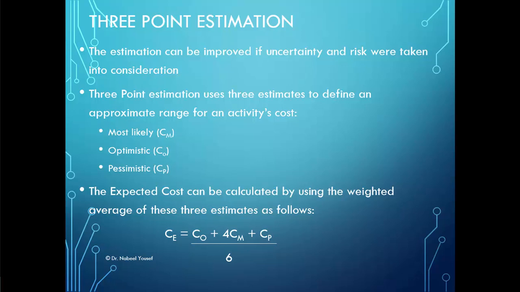As we said before, during the time duration estimation, all these follow a beta distribution, and with the beta distribution, the formula for getting the average is this formula, dividing by 6, because we are adding 4 times the most likely cost. So this is how we get the average or estimated cost for each activity.